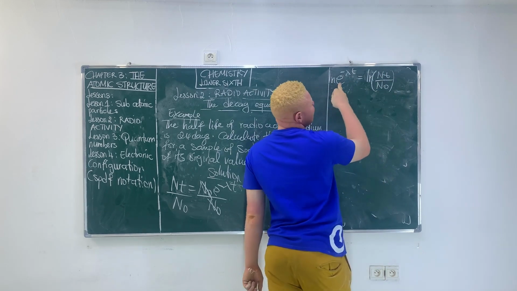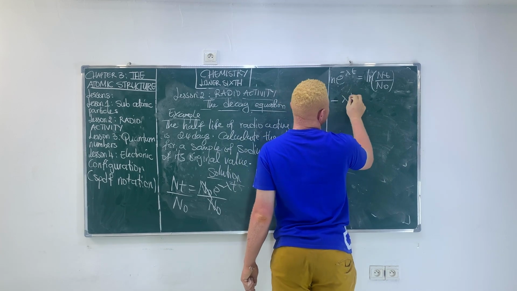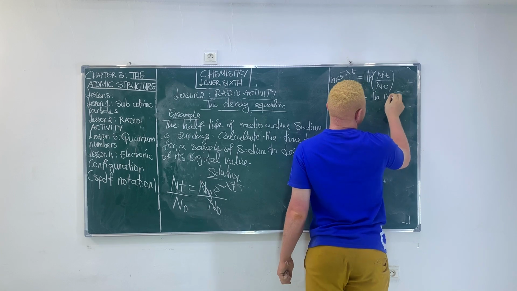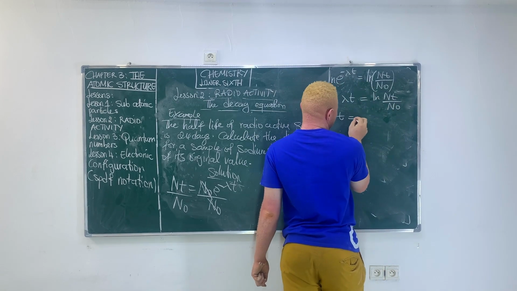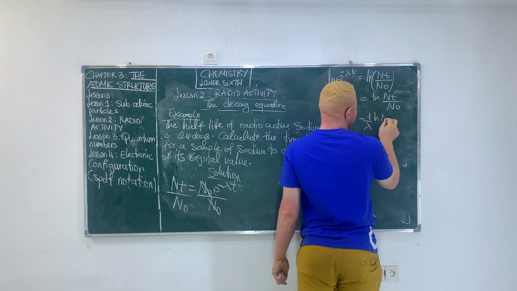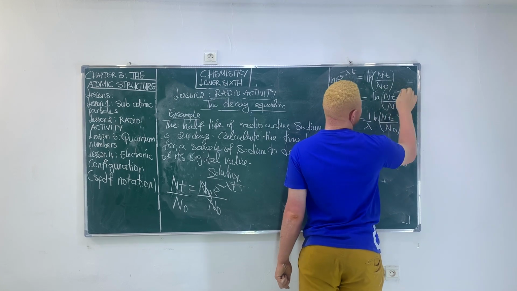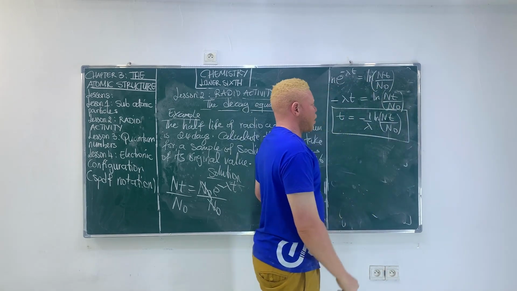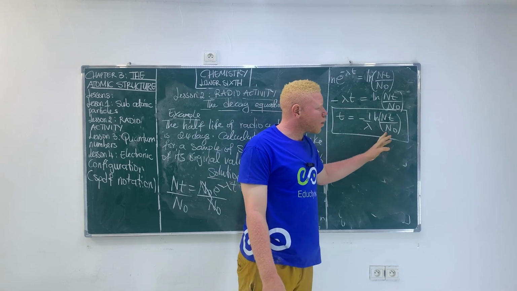So the ln cancels the exponential function. We're left with minus lambda t is equal to ln N_t on N_0. So t is equal to minus 1 over lambda times ln N_t on N_0. So that is the expression for the time t.